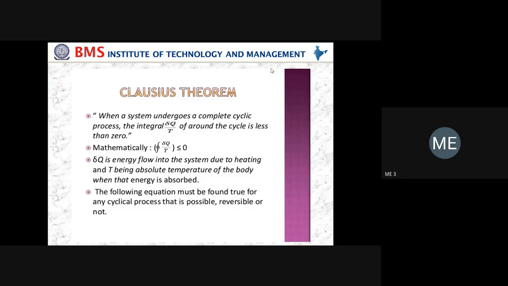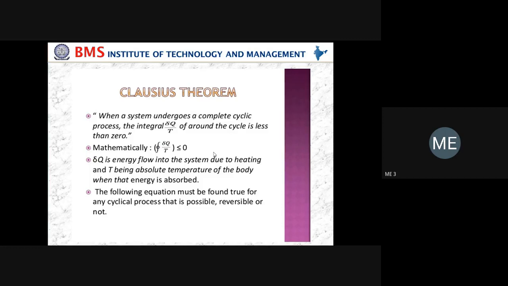When a system undergoes a complete cyclic process, the integral of dq by T around the cycle is less than or equal to 0. Mathematically, cyclic integral of dq by T is less than or equal to 0. You should remember this formula. Already we studied that the cyclic integral of any property is 0.